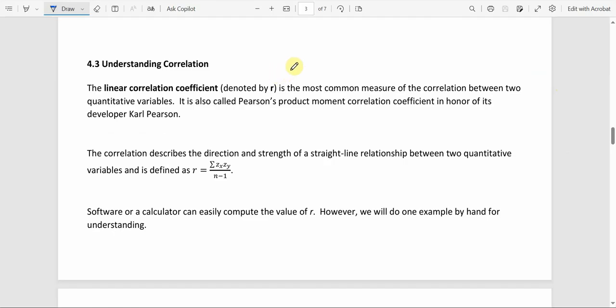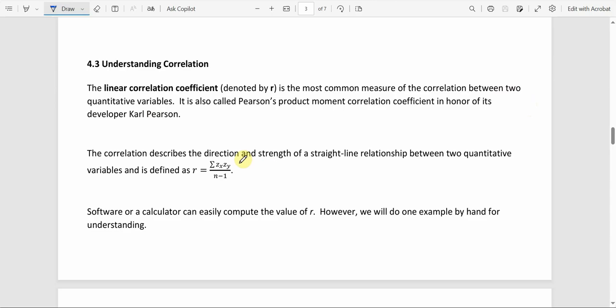So it's R. That is the most common measure of strength of a linear relationship. So there's also a longer name. Most people just say the correlation, like how I have it written here. The correlation describes the direction and strength of a straight line relationship between two quantitative variables.